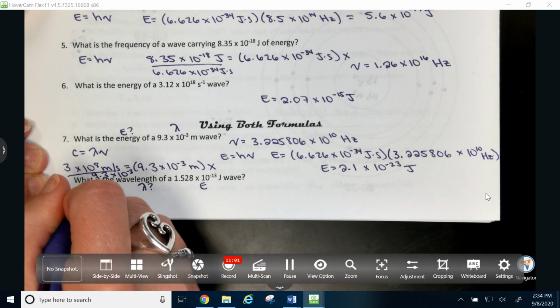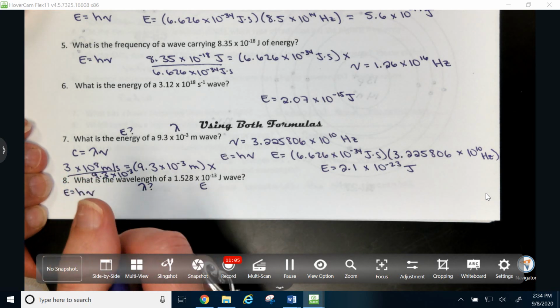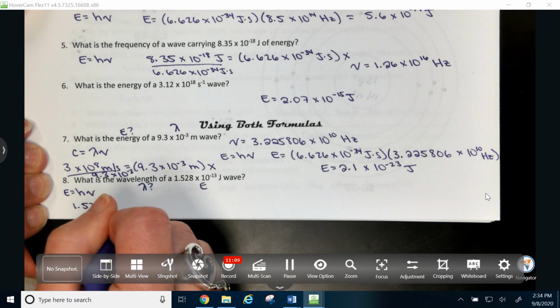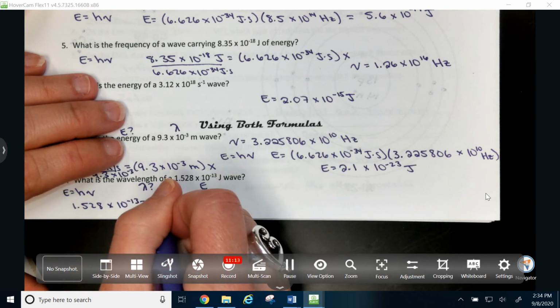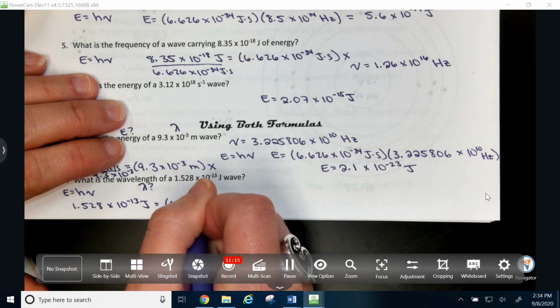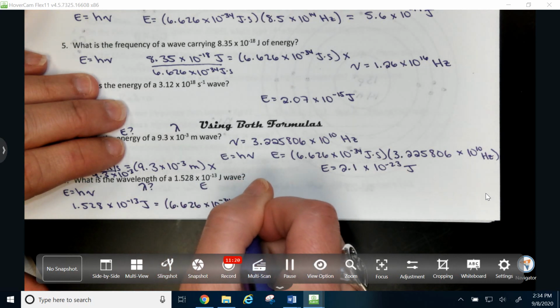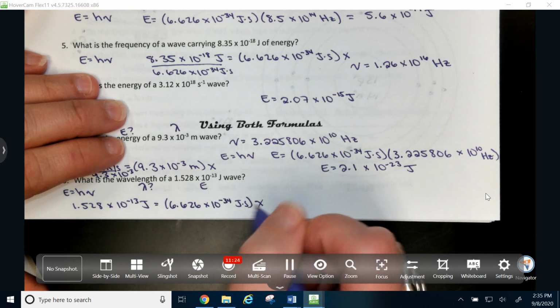So energy is equal to Planck's constant times frequency. Our energy is 1.528 times 10 to the negative 13 joules equals Planck's constant 6.626 times 10 to the negative 34 joules times seconds times our frequency, our unknown.